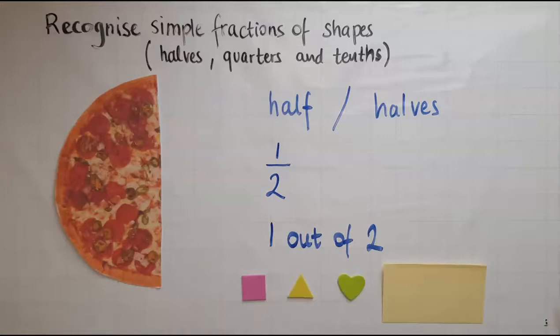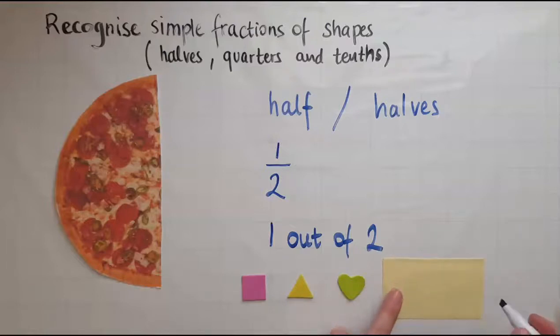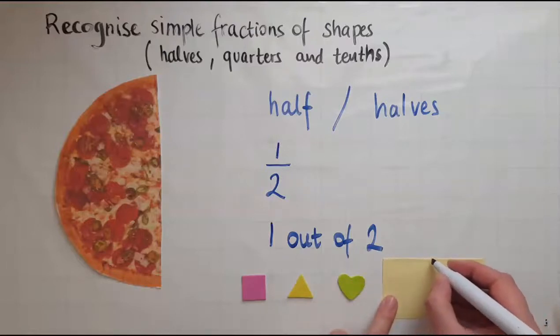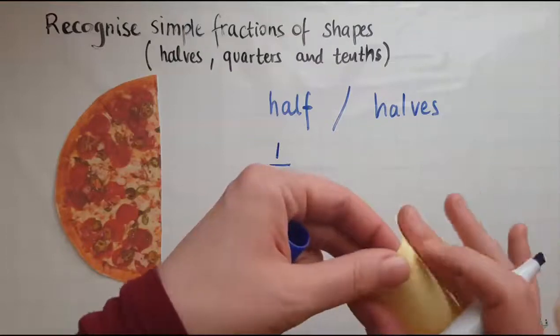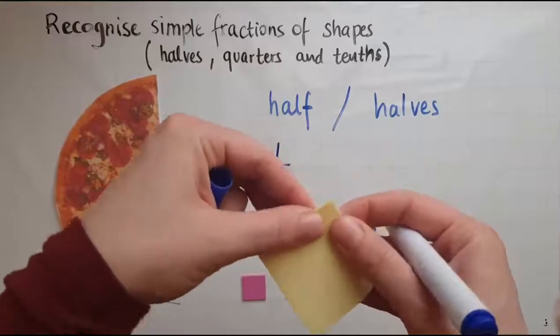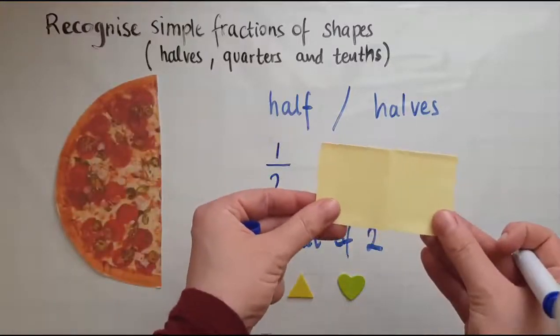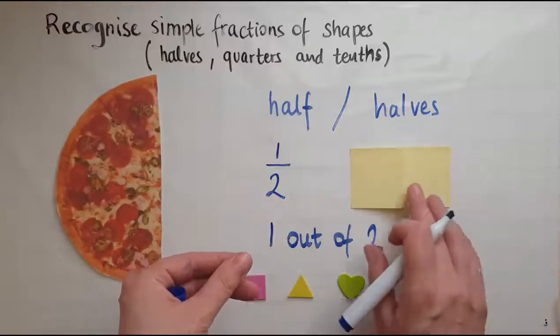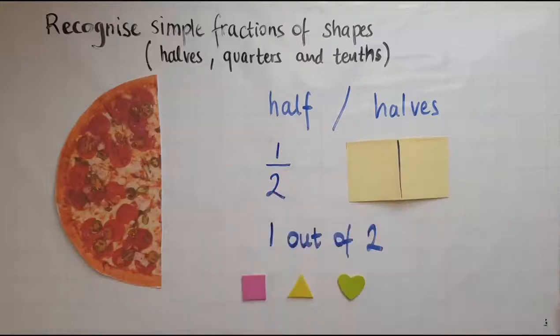How can we find half of the shape? I've got a rectangle here. I could cut it in half by folding it first to be a bit more accurate. There we go. I've cut it into 2 halves. But I could have done something else.